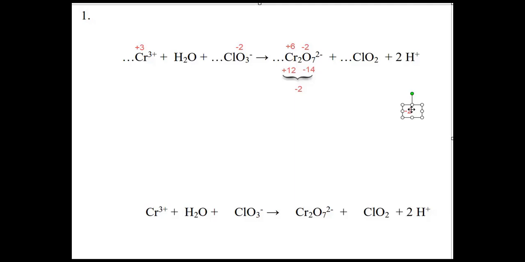Paste. There we go. There's my -2. Again, oxygen, unless it's an element or a peroxide, is going to be -2 in a compound, naturally. Okay. Now, let's see. We've got six of these -2s, and that's going to be a total of -6. Right there. Nice, easy multiplication.